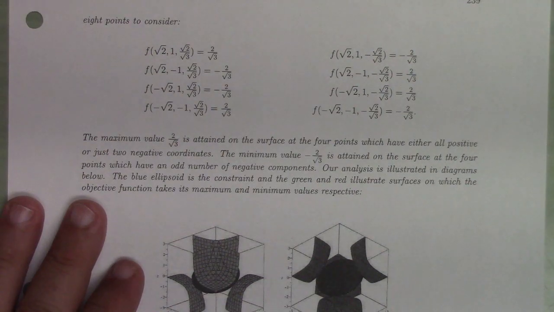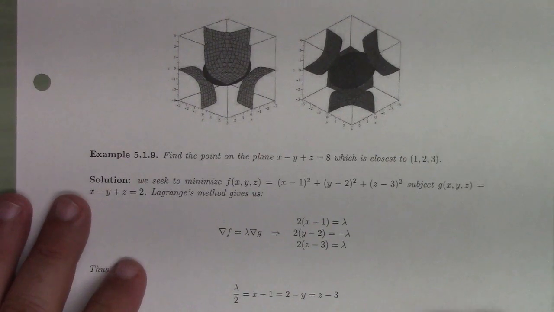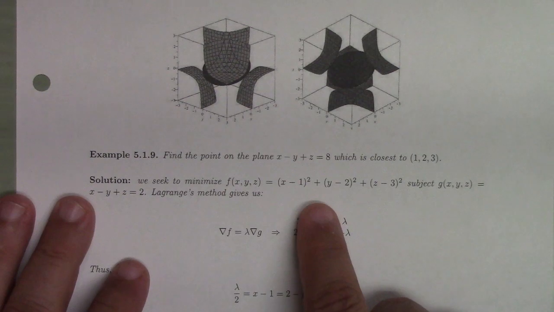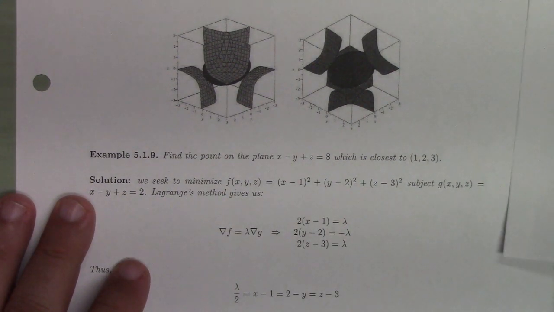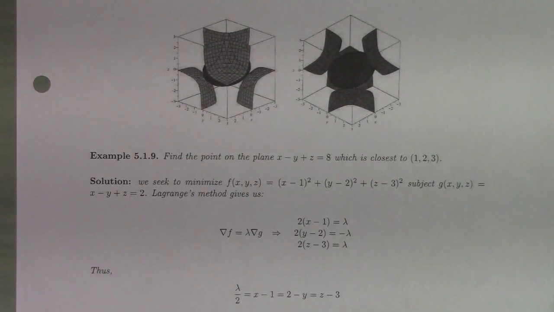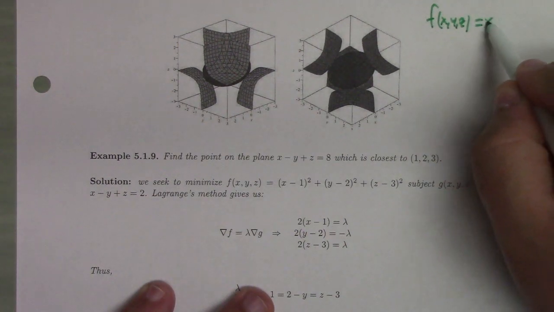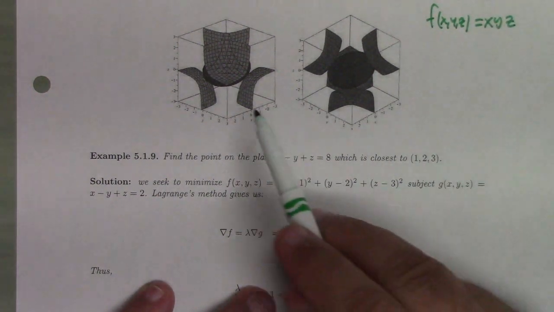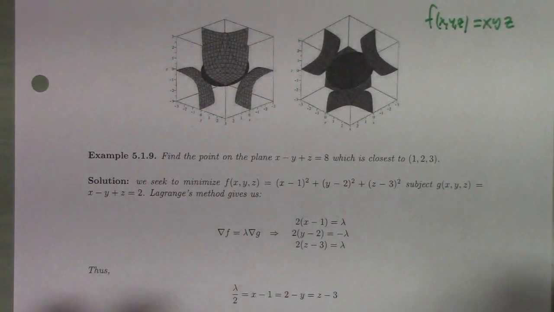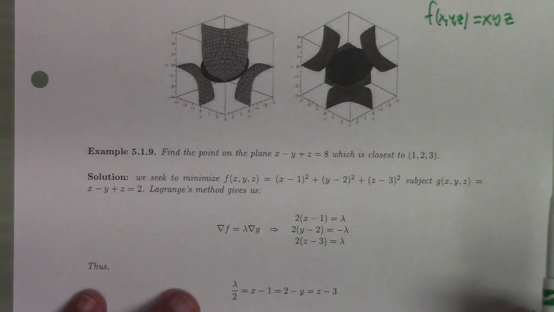And it's attained at actually 4 points, and I have some pictures to illustrate how that happens. The ellipsoid is the constraint surface, and if you look at xyz equal to a constant, because that was the objective function here, f of xyz equal to xyz, it gives you these funky sheets that are, I don't know, like two-dimensional versions of the hyperbola function or something.